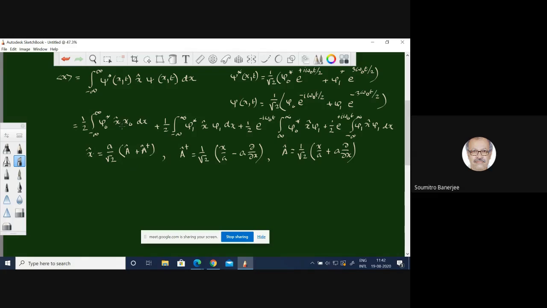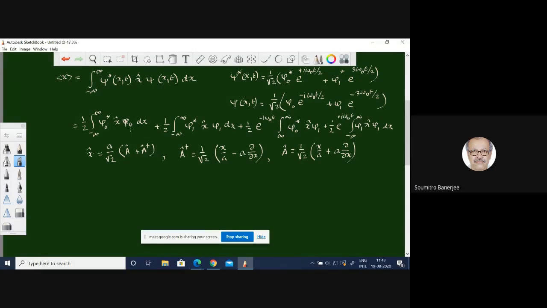The main advantage is that a and a dagger become separate operators operating on this. Now a operating on psi naught gives 0. Therefore, the whole thing becomes immediately 0.